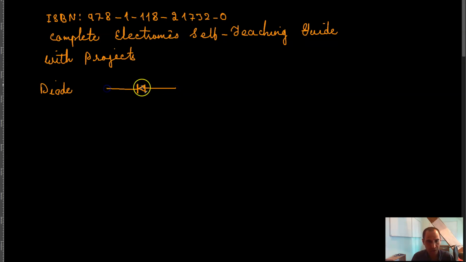This is the cathode of the diode, this is the anode of the diode, and this arrow points in the direction of current flow, by which I mean conventional current flow.